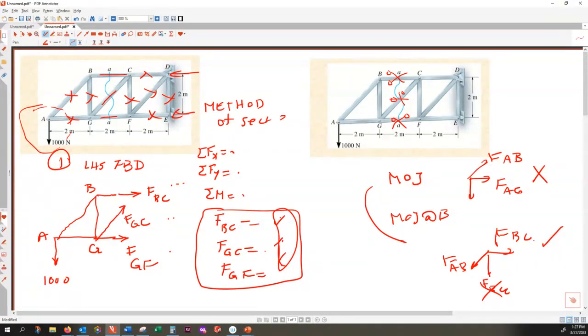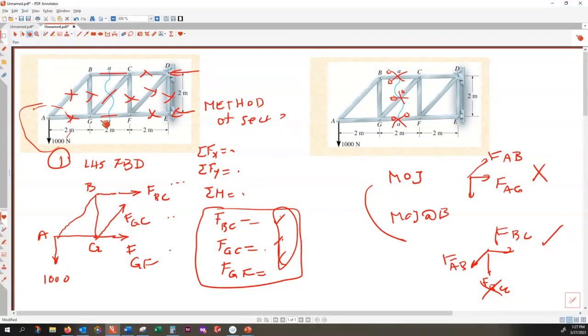Still, you only answer one question from the three questions they have. What do you do next? Next, you have to apply method of joint at G, and eventually you will be able to find FGC, FGF. So here you took a three-step solution before you can answer the question.